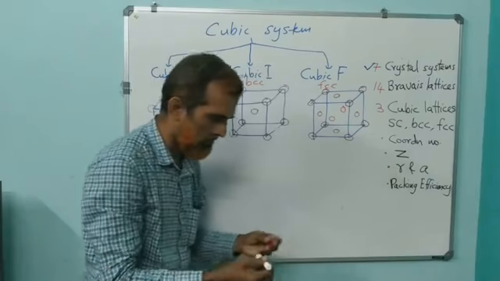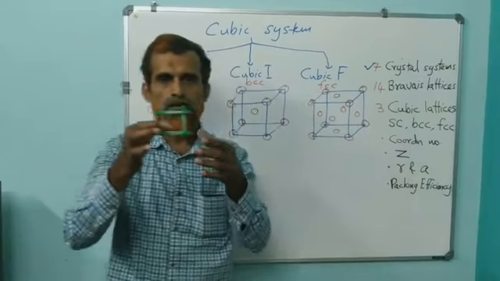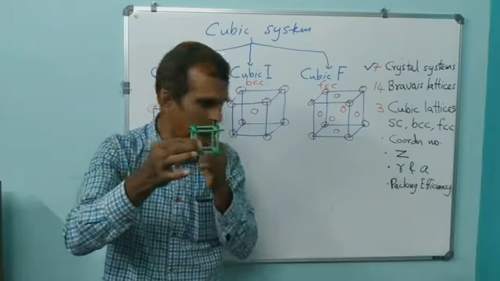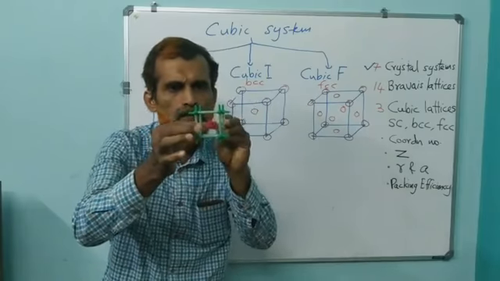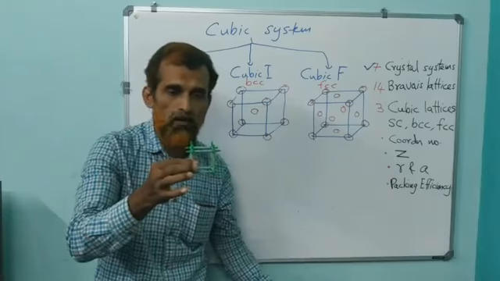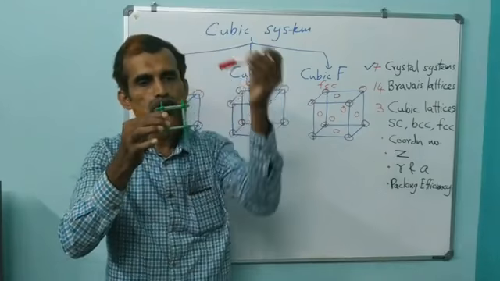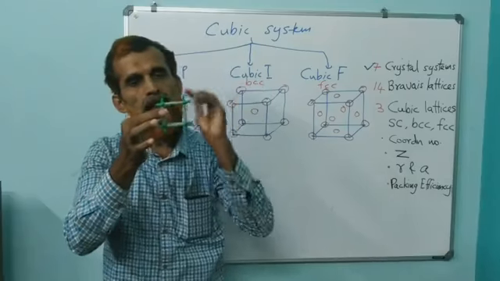Let me show the models for this. I have already shown this is the simple cubic, primitive cubic. In BCC there will be an additional particle at the center of the cube. In FCC there will be a particle at the center of all the 6 faces. That means 1 here, 2, 3, 4, 5 and 6.